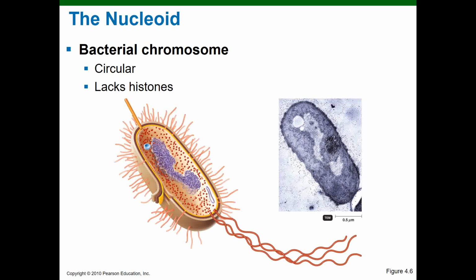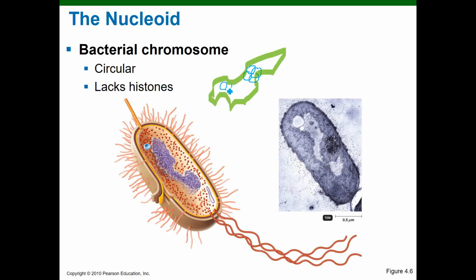All right, now we're moving to the real true interior of the bacterial cell. This is where we find the bacterial chromosome. Again, it's circular and it lacks histones. If we have our DNA coiled in eukaryotic cells, so in our cells, there are special packaging proteins that help coil the DNA and help it wrap and maintain its shape.